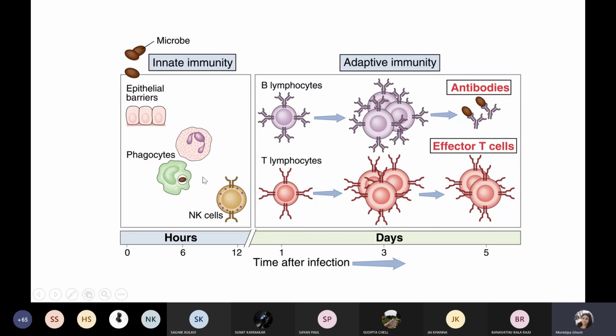The phagocytes are the cell variety which are capable of ingesting, engulfing any foreign pathogen. Inside these cells there are lytic vesicles having lytic enzymes like lysozyme, peroxidases. They act over the foreign pathogen and successfully cleave the pathogen and destroy it. This is the methodology for clearing the microbe.